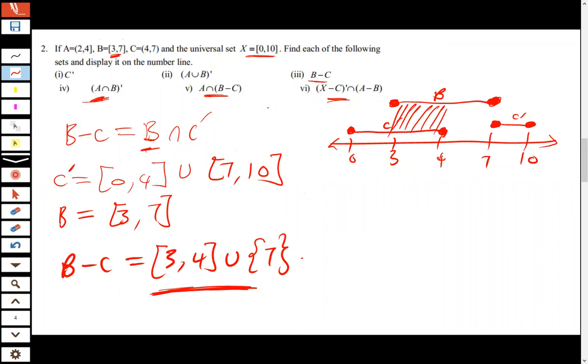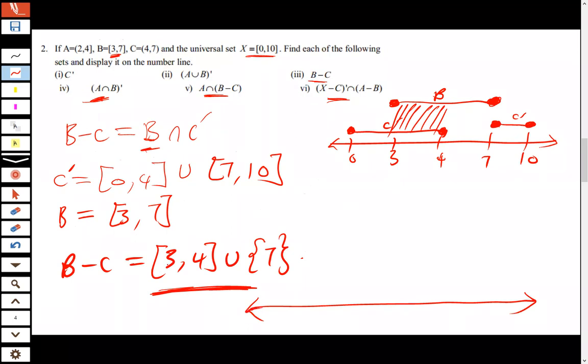Because the main concept here that you just need to understand is the part where you're just supposed to draw the number line. So after finding this final answer, let us now draw the final number line. The final number line will now be like this.